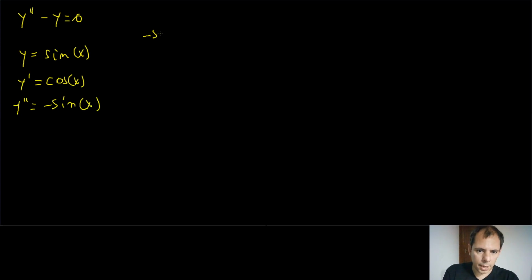So it's going to be minus sine of x minus, because this minus sine of x was put in here. Okay, and then you have this minus, which is in here, and you put the y. Y is this. So it's going to be minus sine of x. This equals minus 2 sine of x.